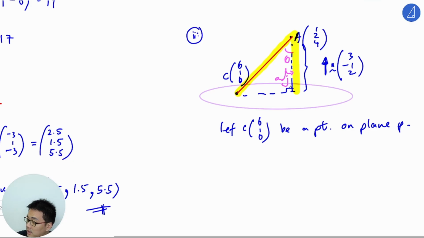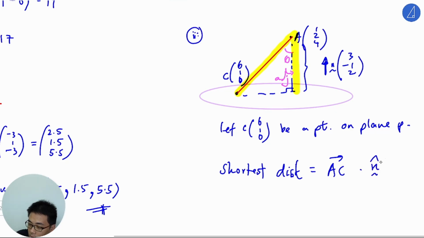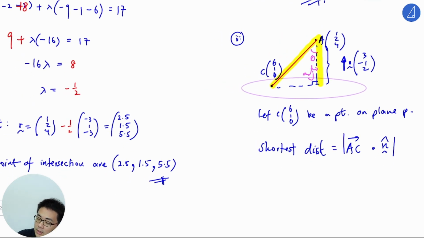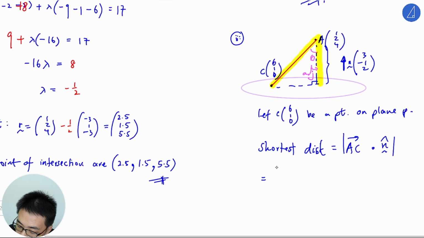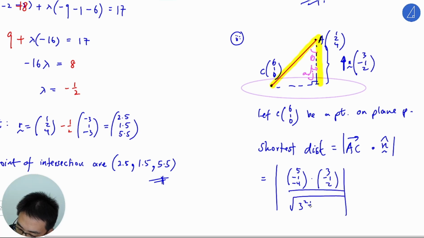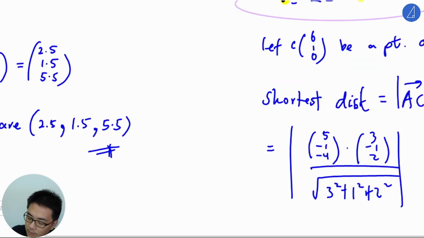You have AC and this is adjacent, right? So that's what you do. So the shortest distance is AC dot n. You unit vector n. You don't unit vector the hypotenuse, never unit vector the hypotenuse, you unit vector n. So there you go. So AC is C minus A. Okay.